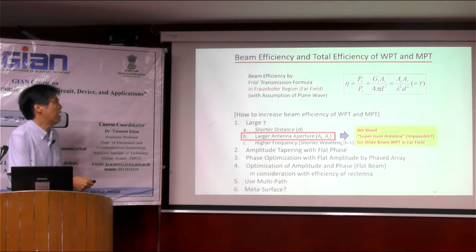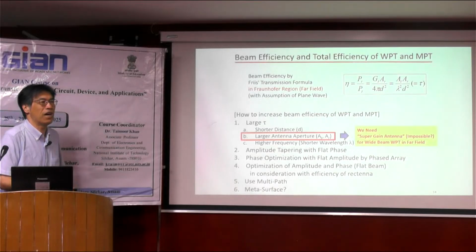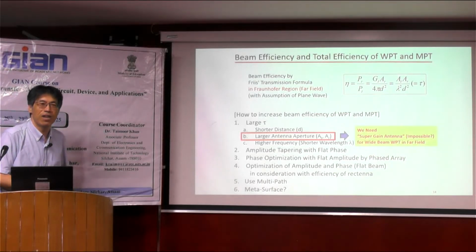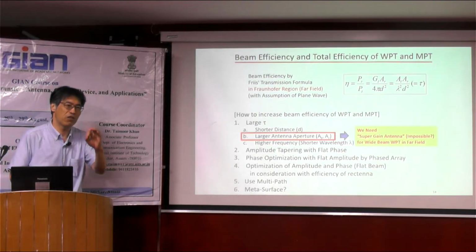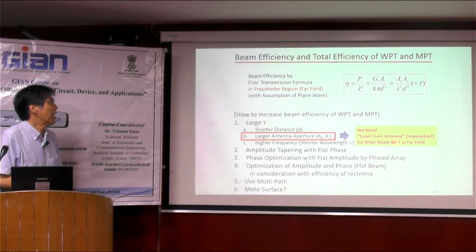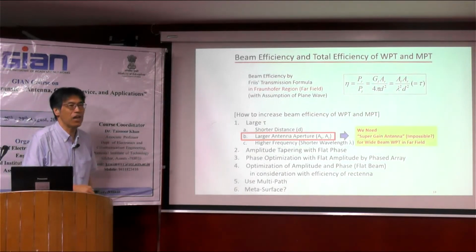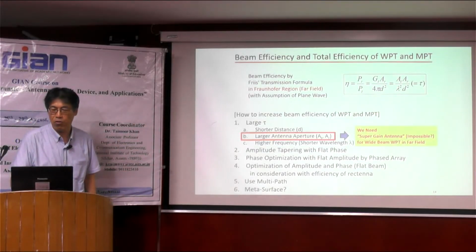So we need a super gain antenna, but I discussed a lot with antenna professors in the world, and except the Yagi-Uda antenna, a very special antenna by Japanese, there is no super gain antenna. Small real aperture, but large effective aperture. So it's unfortunate. Based on this Friis transmission formula in far field, we need a super gain antenna, but in reality, we must put a very large size antenna only.